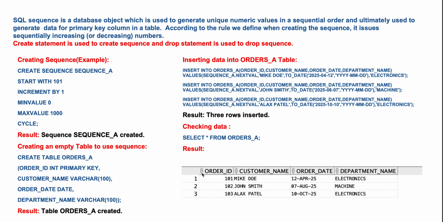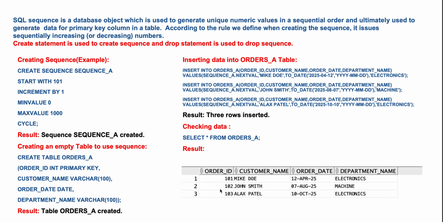In the case of order ID, the number starts with 101 and the increment is by 1. That means those numbers are taken from the sequence because it started with 101 and the increment is only by 1. Those numbers are used in this table as a primary key.